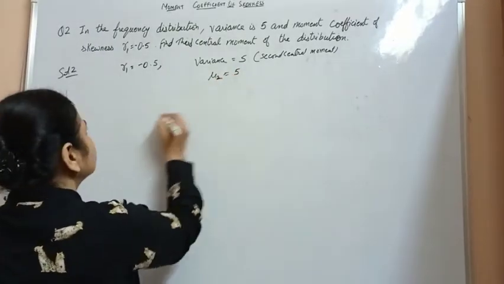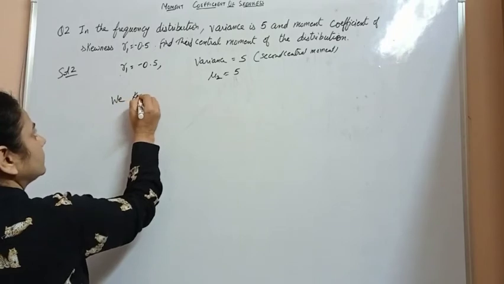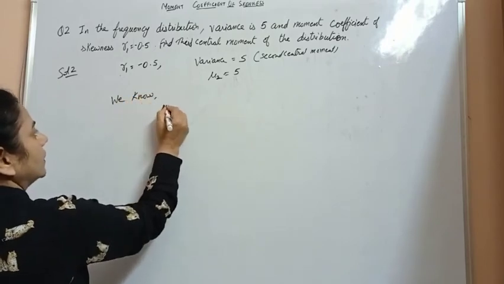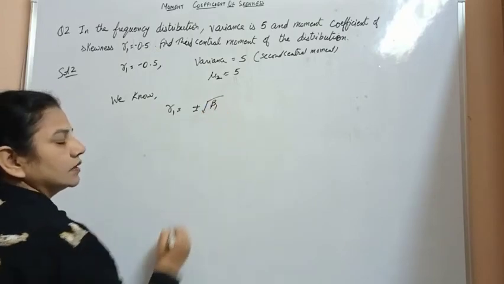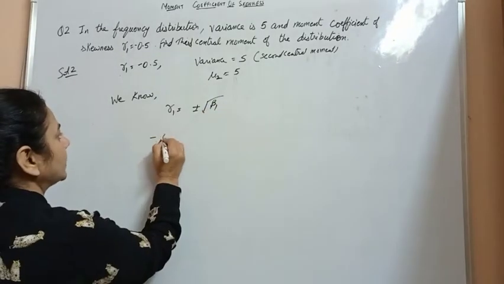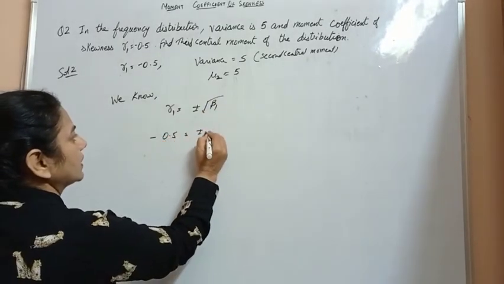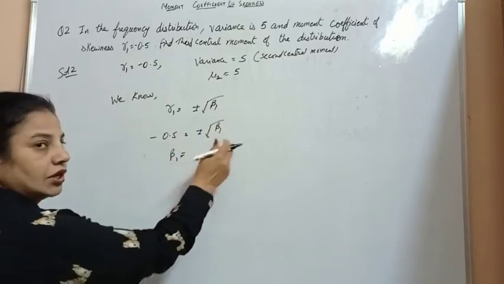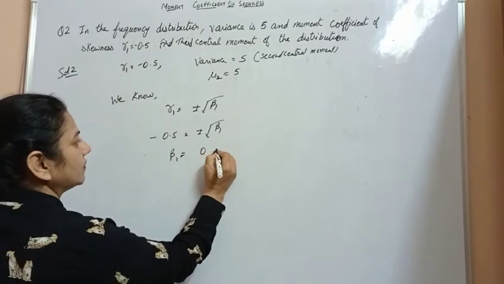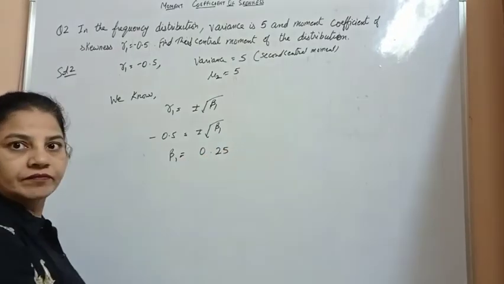Now we know gamma 1 is equal to plus minus under root beta 1. Simply substitute the value: minus 0.5 is equal to plus minus under root beta 1. Squaring both sides, you will get beta 1 as 0.25.